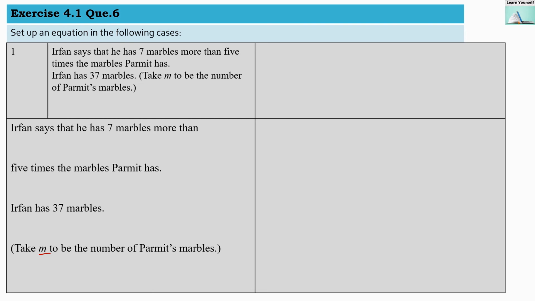Now we have here two straight pieces of information. We have to take Parmit's marbles equals to m. So let us first write Parmit's marbles. So the count of Parmit's marbles is m. That is what they have asked us to take. Now Irfan has 37 marbles.